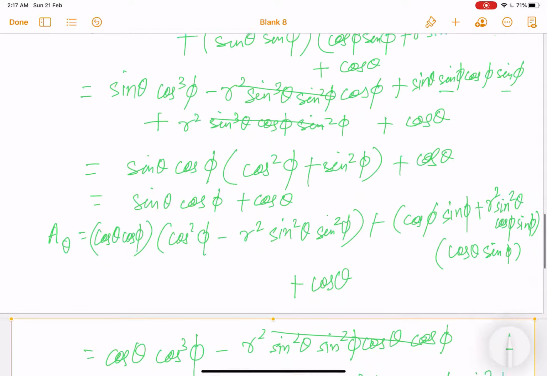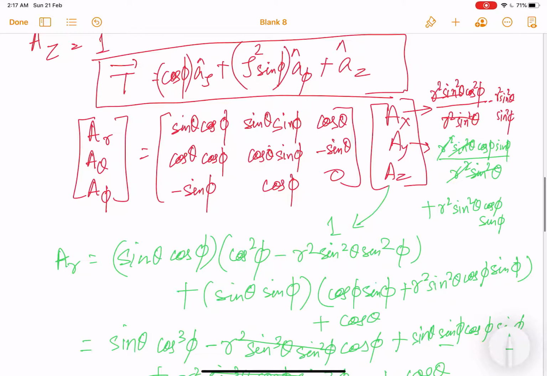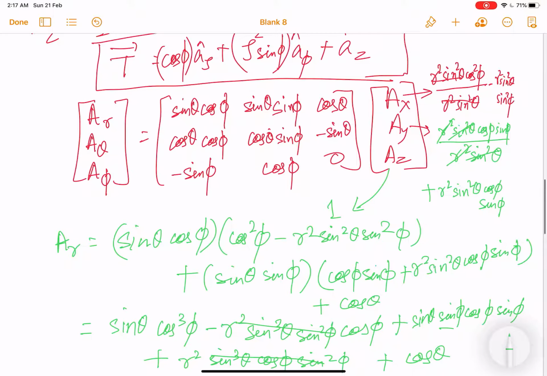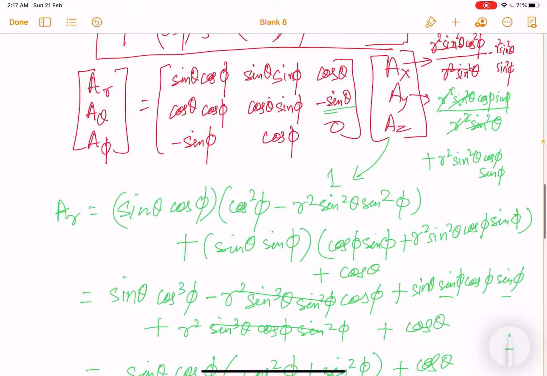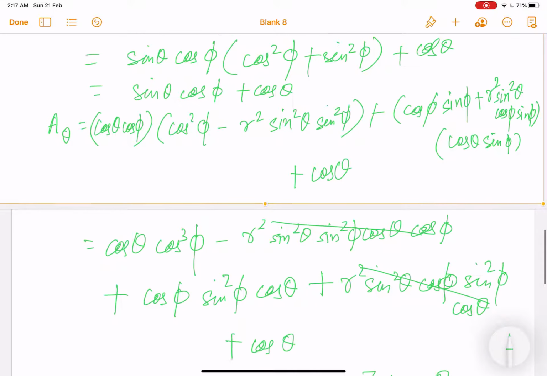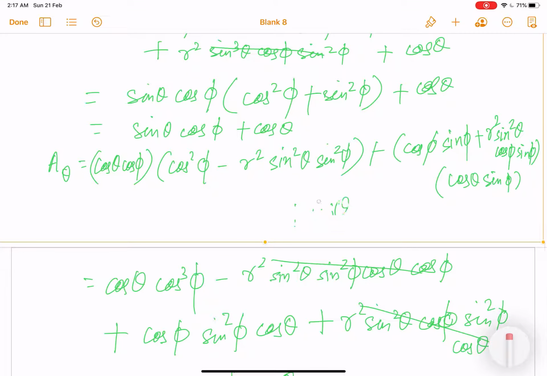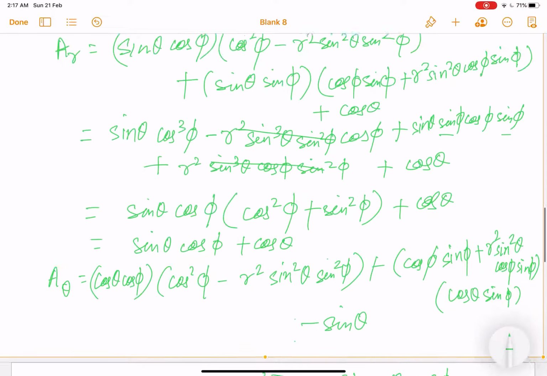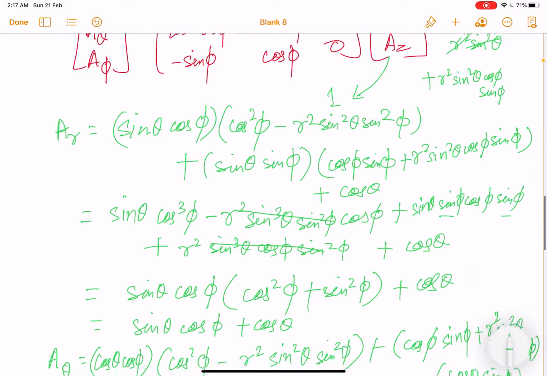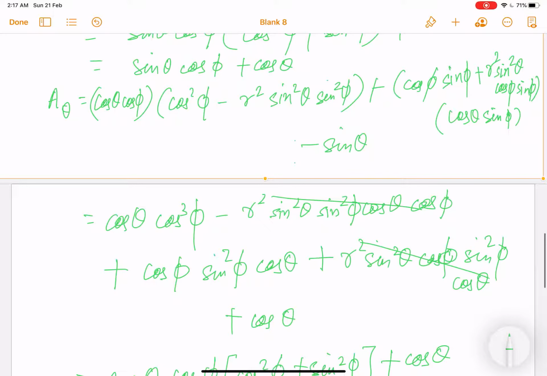One second. Yeah, this is correct. Okay, this one was minus sine theta over here. I took it as plus cos theta, but where it was minus sine theta, I had taken it incorrectly. Then over here, this one will be minus sine theta.